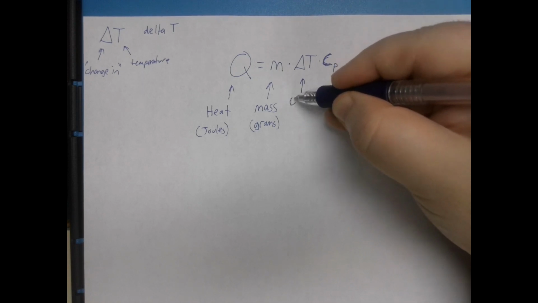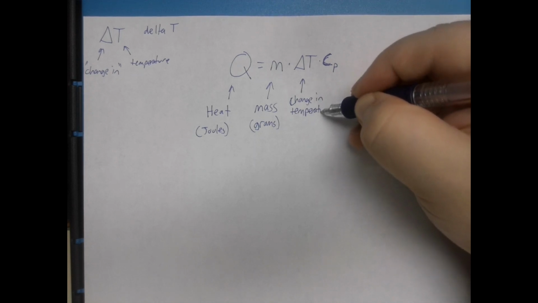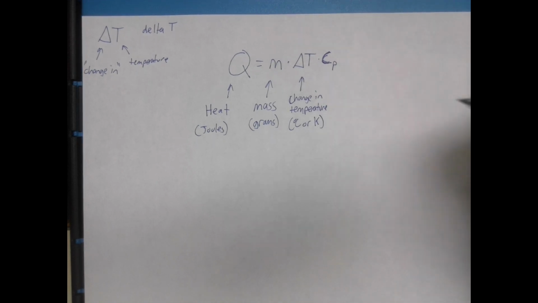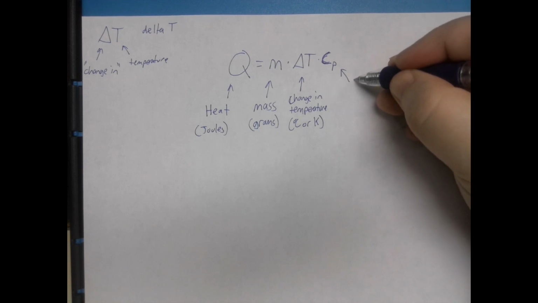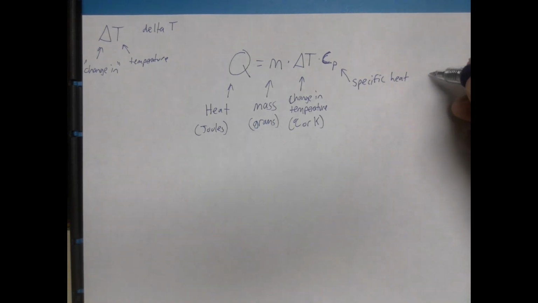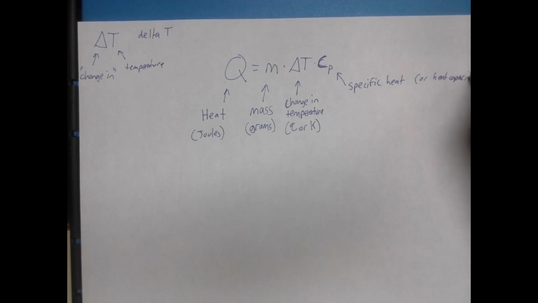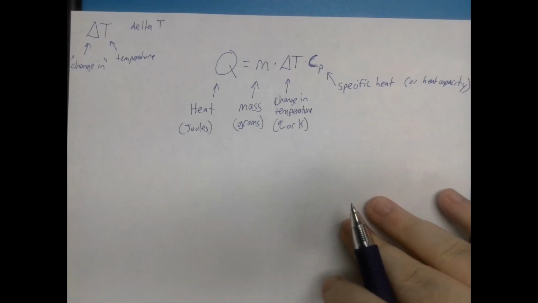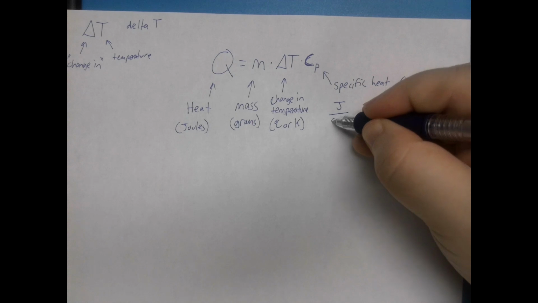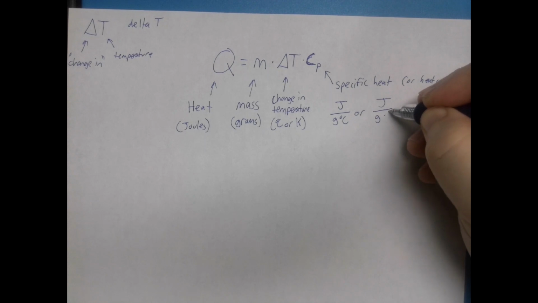This will be change in temperature. It could be degrees Celsius or Kelvin. This is a change. And this C is usually called specific heat or heat capacity. I prefer the term specific heat over heat capacity. And this can be measured in joules per gram degree Celsius or joule per gram Kelvin.